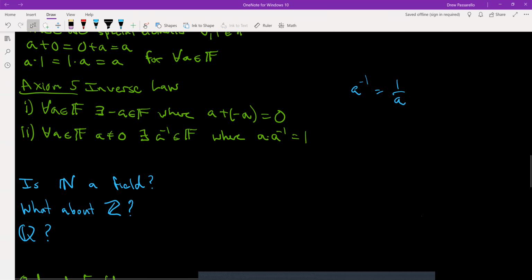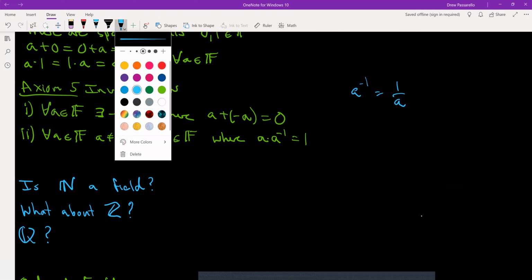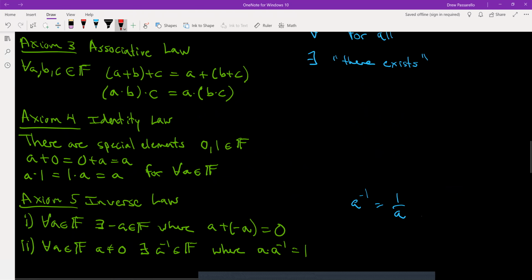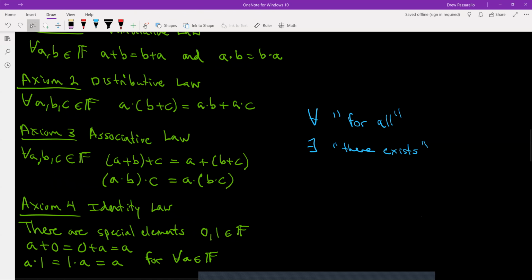So some questions. Is the natural numbers a field? What about the integers? And what about the rationals? To answer these, do they follow the field axioms? So is the natural numbers a field? Let's see. You can add two natural numbers to get a natural number.